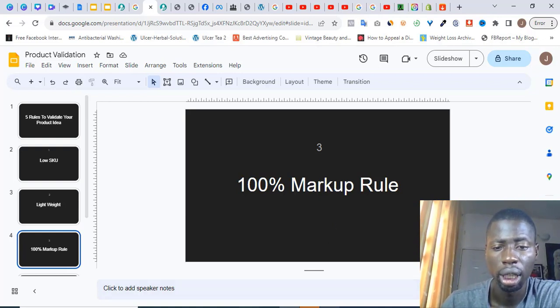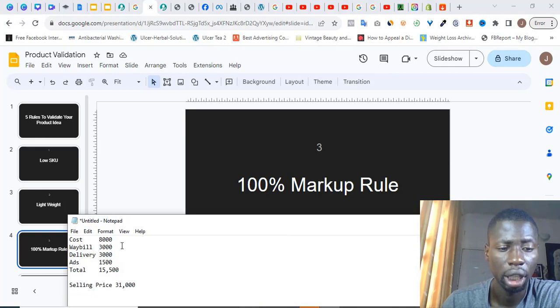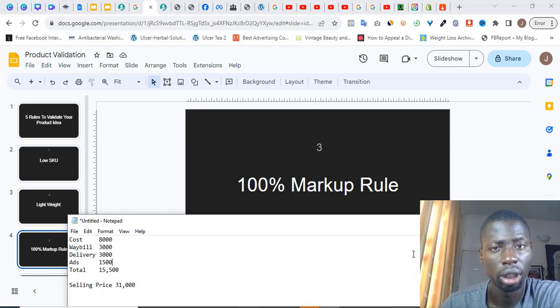A product that costs 8,000 naira at the cost price is actually a bit high for a beginner in the e-commerce industry, because you are going to incur all these extra costs, and all this extra cost is going to increase the cost of that product, and selling it might be a little tough or difficult for someone who is just starting to sell in the e-commerce space.